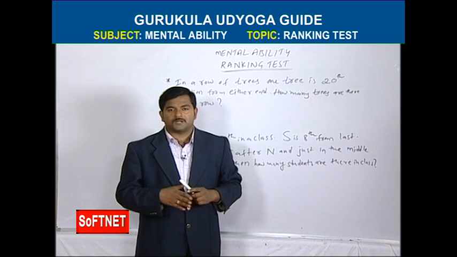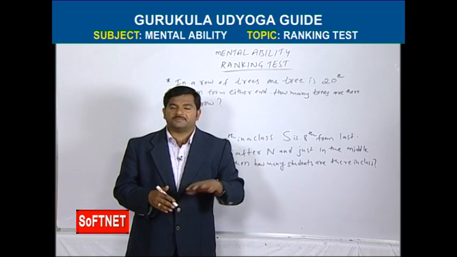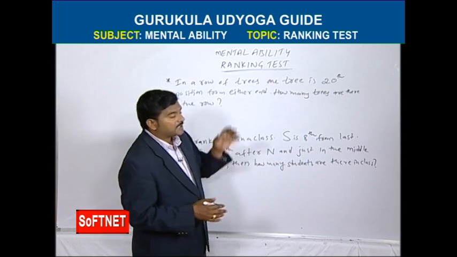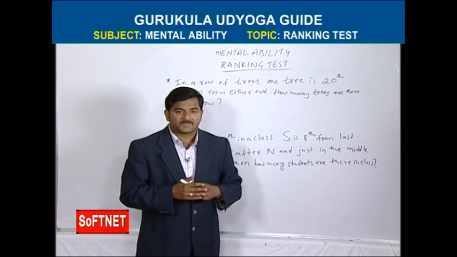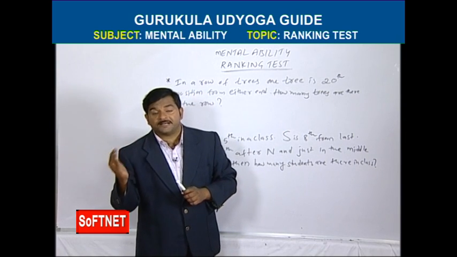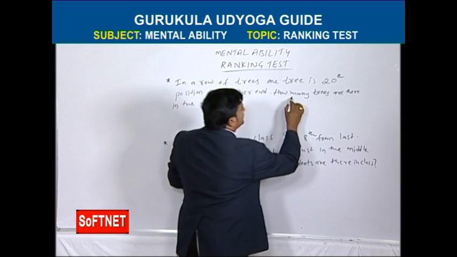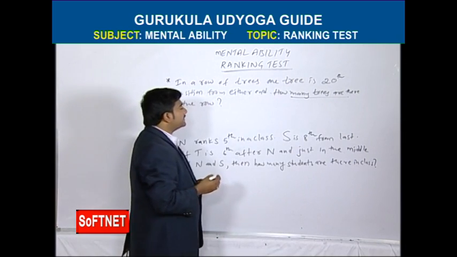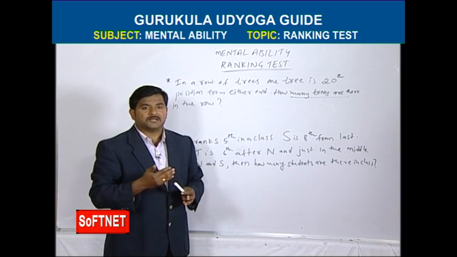In question number 2 also, total and one side were given, and he asked to find from the other side. But in the third question, the position of the tree is given from either side, meaning from the left side and the right side. He asked to find out how many trees are there in the row, which means we have to find the T value.